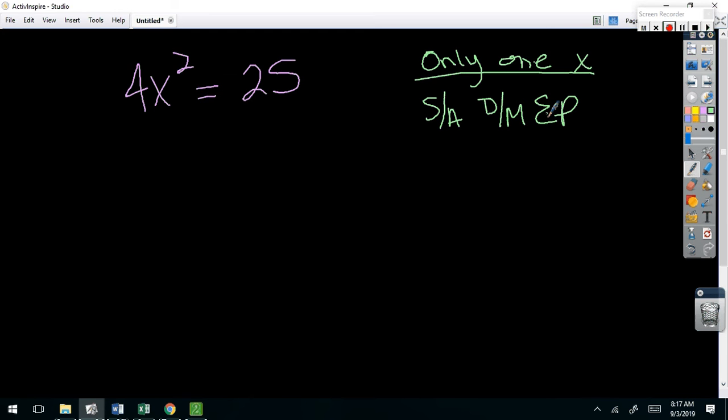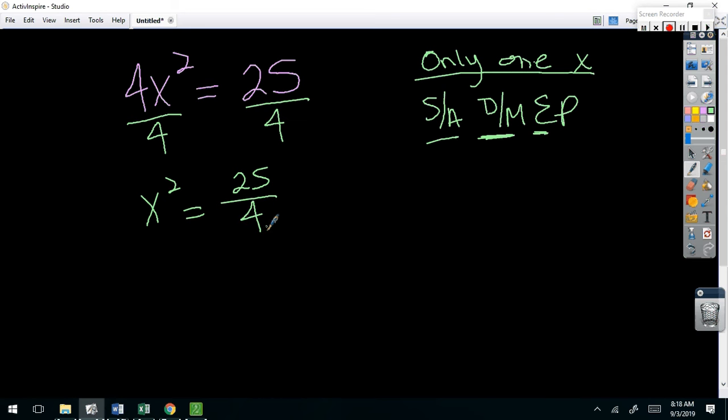So in this case, what do I do first to get x by itself? You've got to divide by 4. I don't do the exponent first because I'd be going out of order. There's no addition or subtraction, so I do multiplication, division. So now I have x squared equals 25 over 4.